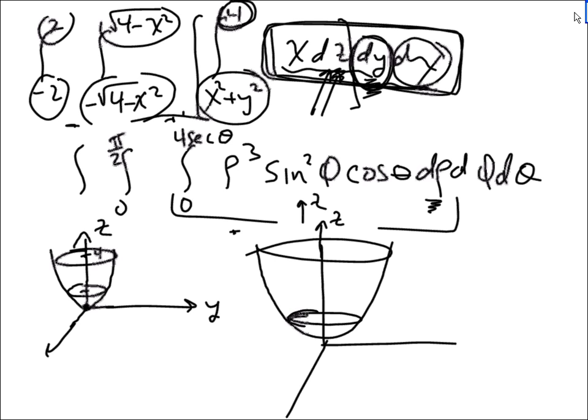If you project this onto the xy plane, you get a circle, and for each of those circles, it goes all the way around. The angle theta goes from 0 to 2 pi. And there is an example of converting that top integral to cylindrical coordinates.